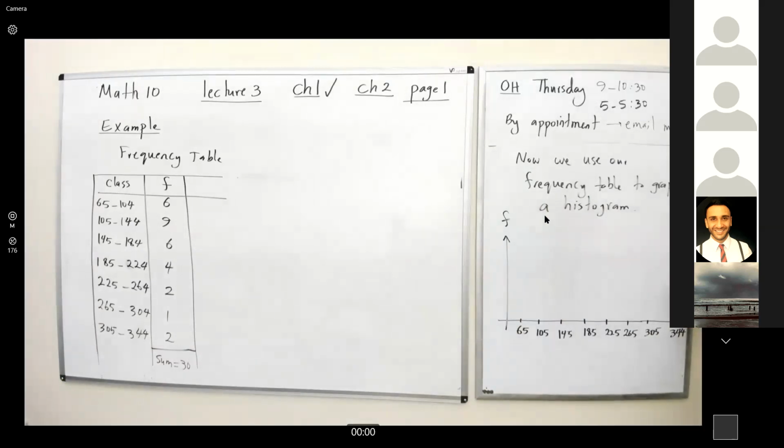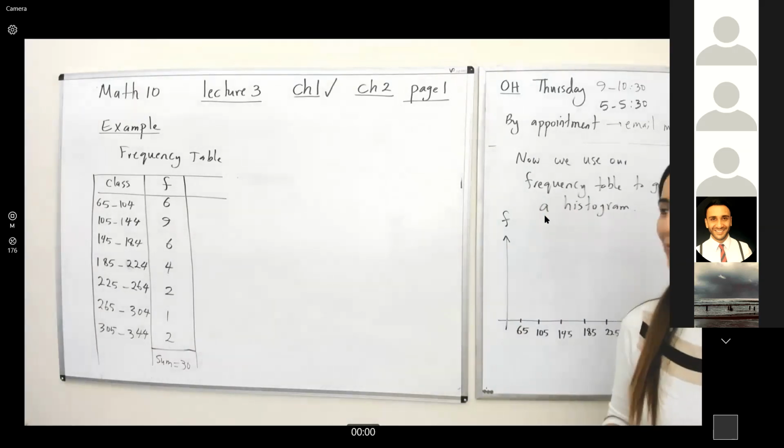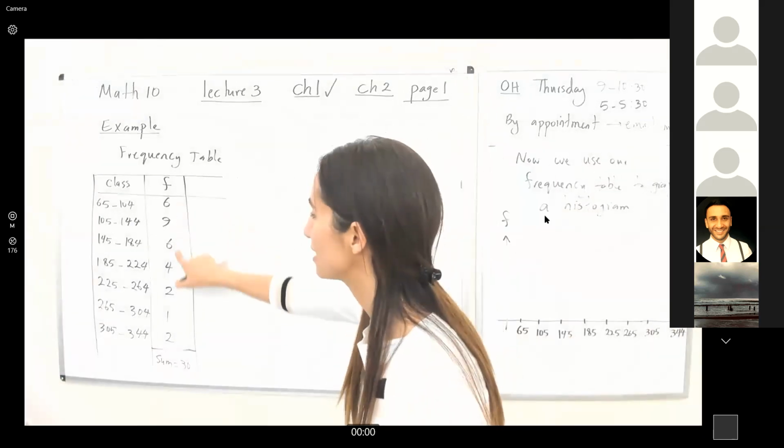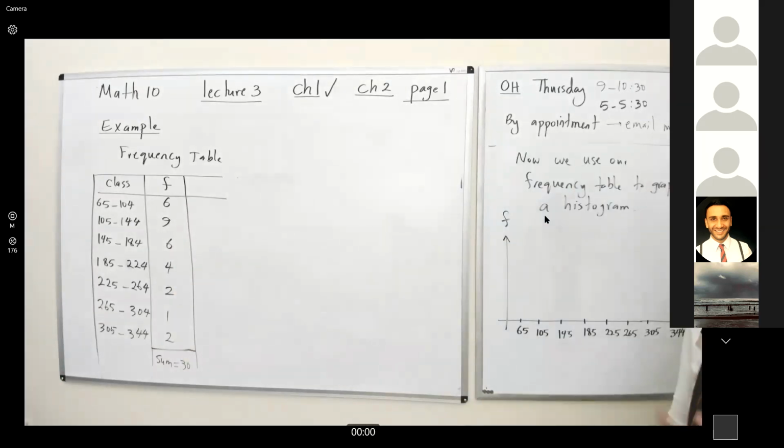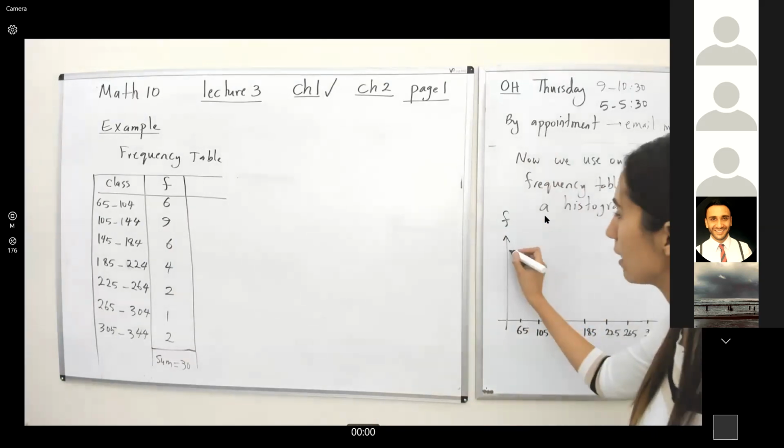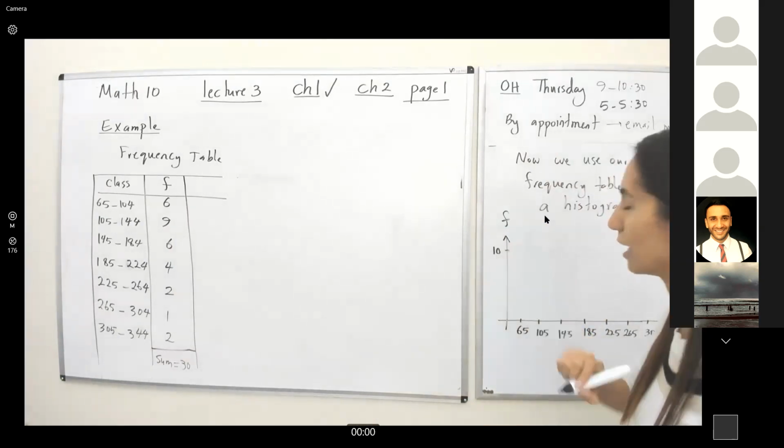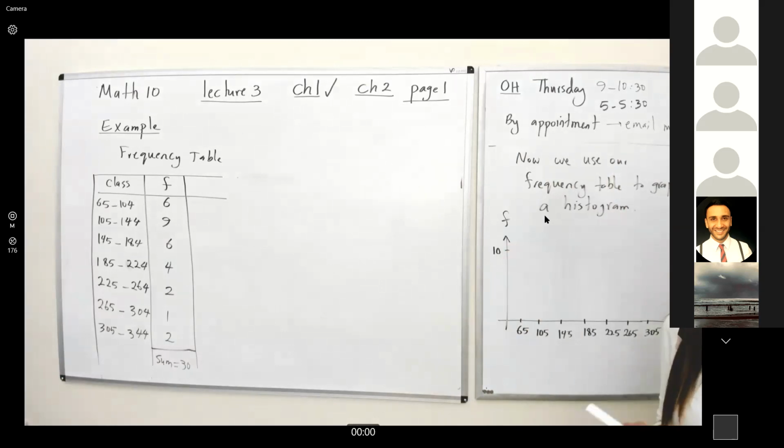So classes. Okay, so the frequencies are 6, 9, 6, 4, 2, 1. What's the maximum frequency? The maximum frequency is equal to 9. So we're going to scale it up to 10. Very well.